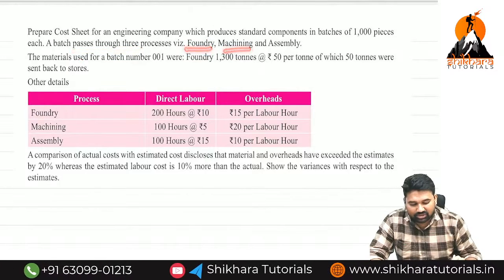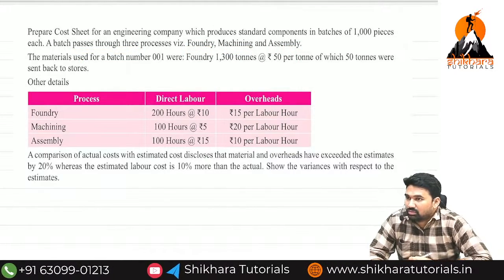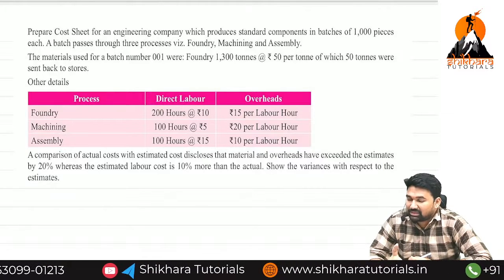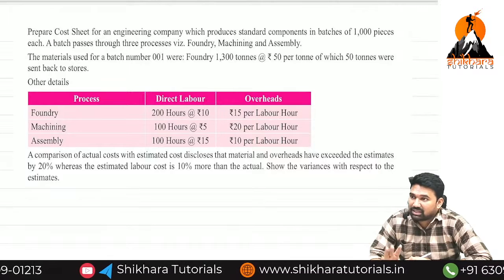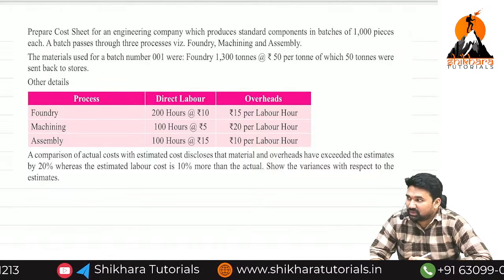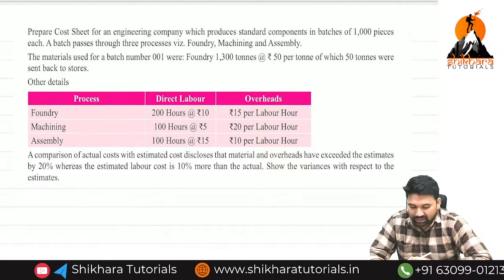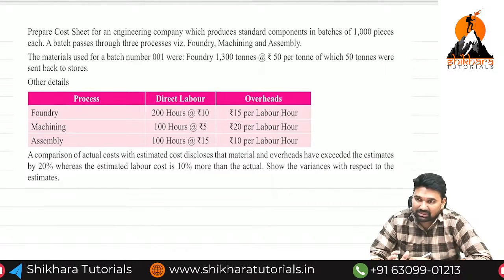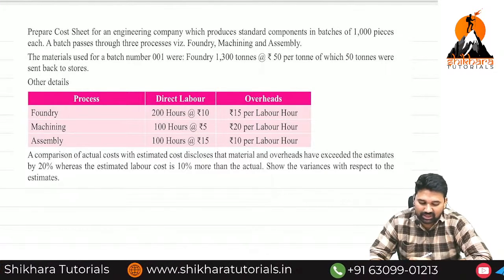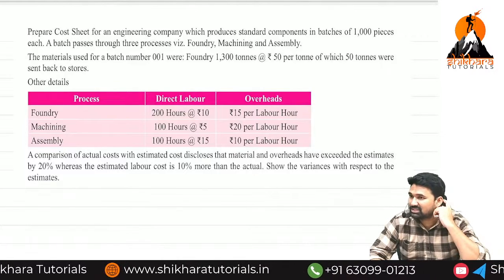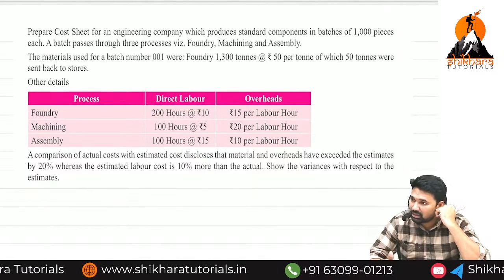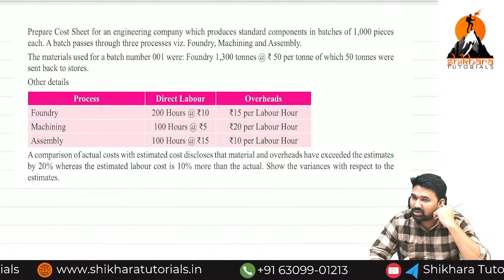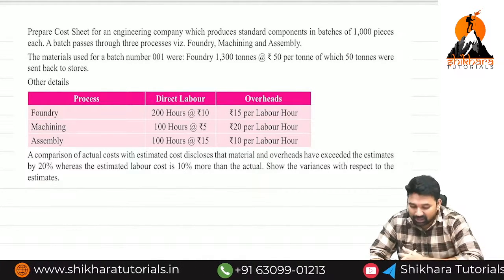Foundry, machining, assembly. So in order to produce a product, that product will pass through three stages. First stage is foundry, second stage is machining, the last is assembly. These are the stages where a product will be processed, and at last the final outcome will be delivered.